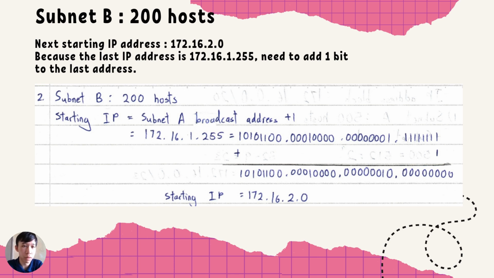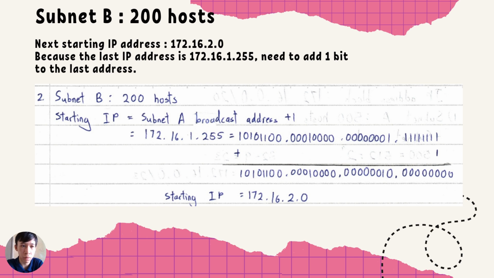Next, subnet B, 200 hosts. We will use a new starting address, 172.16.2.0. Why? Because the last IP address from subnet A that we calculated is 172.16.1.255.